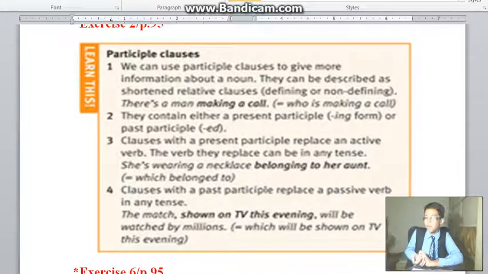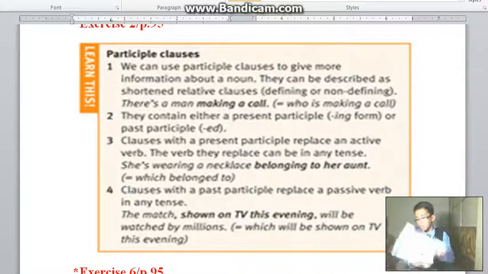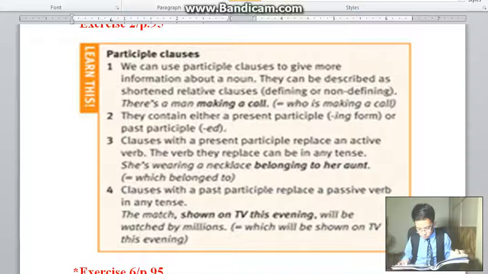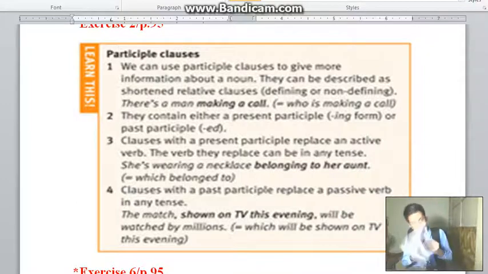Defining or non-defining means we have the lesson about defining or non-defining relative clauses we have learned already in the lesson of the unit 3.